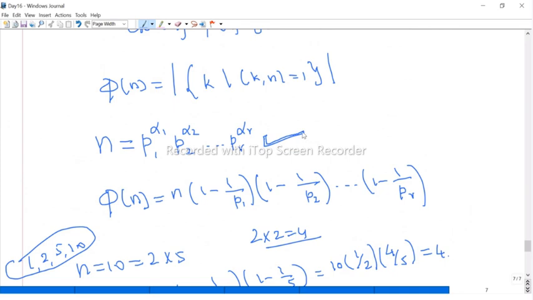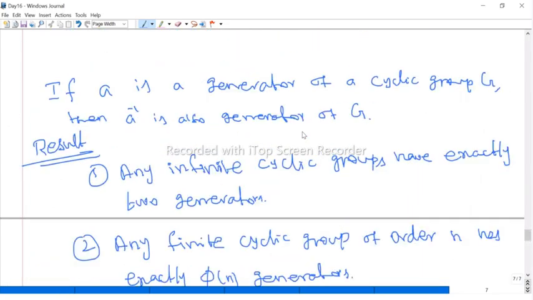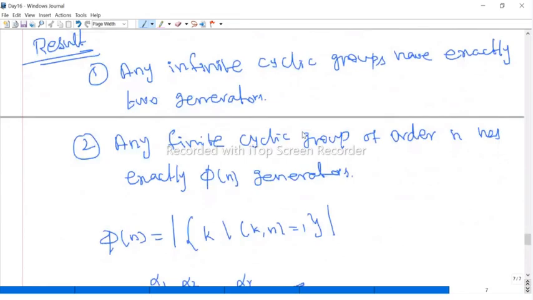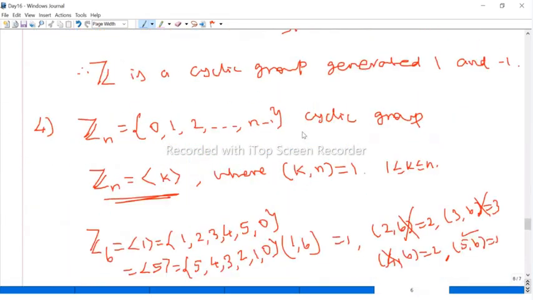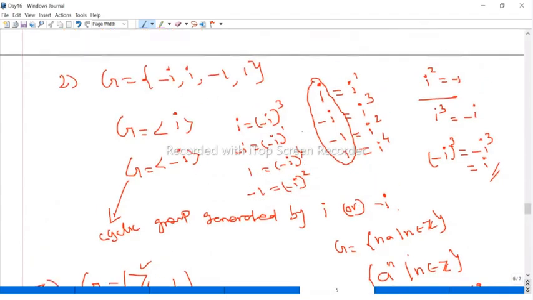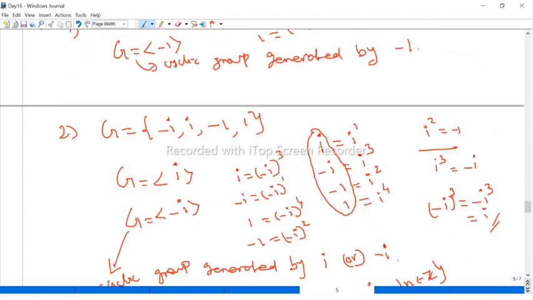Now the theorem says, if we take any finite cyclic group of order n, it has exactly phi of n generators. We already discussed some examples. Look at this second example. The order of the group is 4. Now what is phi of 4? Phi of 4 is 2. Therefore there are 2 generators, namely i and minus i.